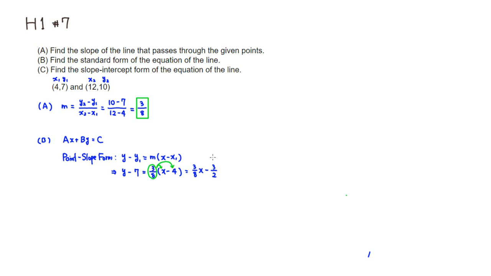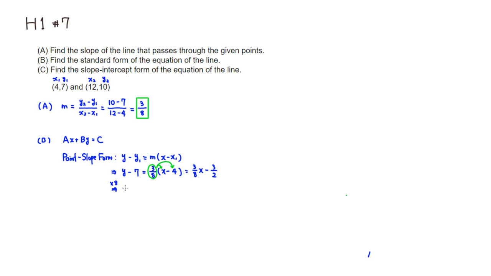To rewrite it in standard form, you need to put the x and y on the left hand side and the number on the right hand side. One extra thing I would do is, I don't like fractions, so I'm going to multiply both sides by 8. Maybe I should have done it before.